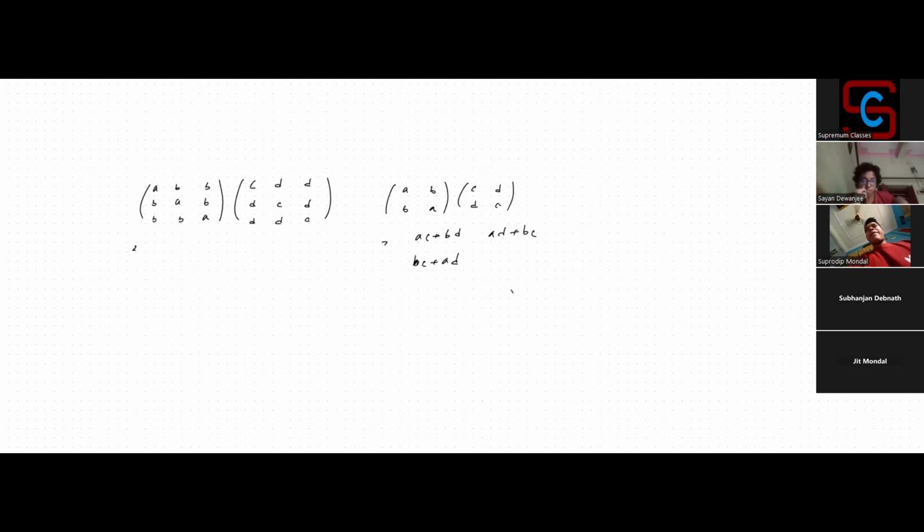Okay. For 2 cross 2, it will always be symmetric, right? Yes, for 2 cross 2, it will always be symmetric.